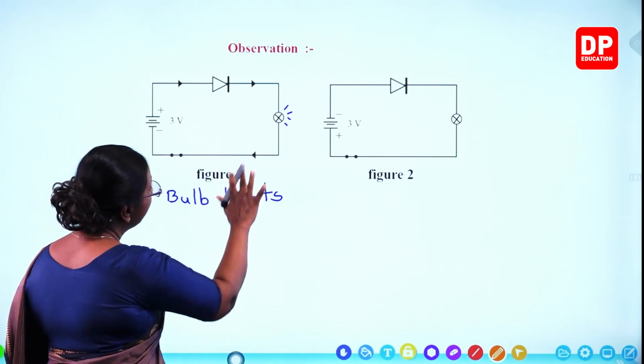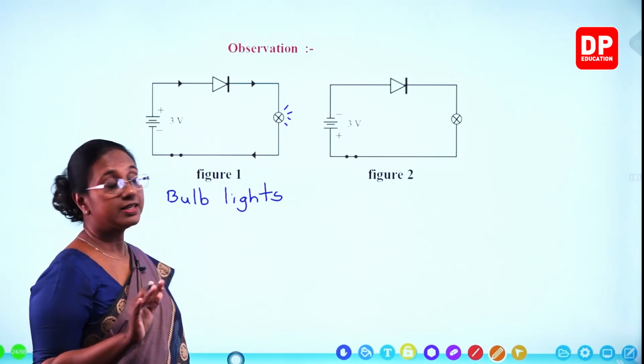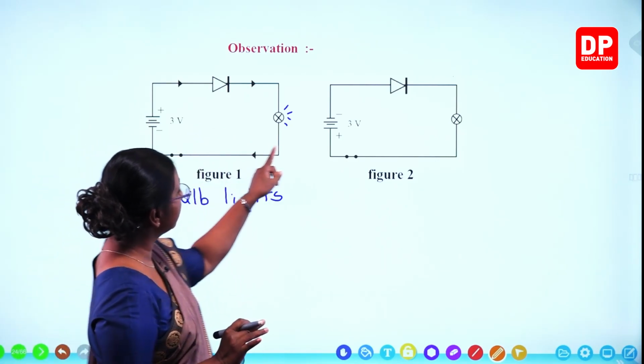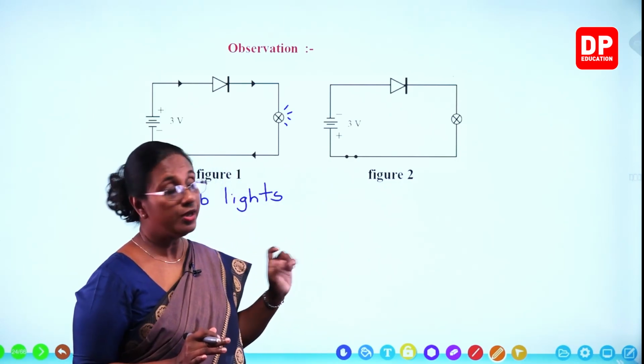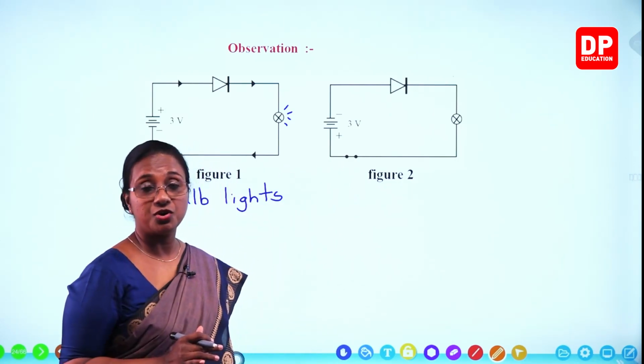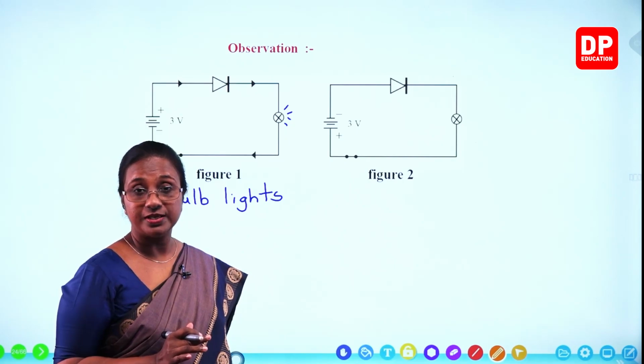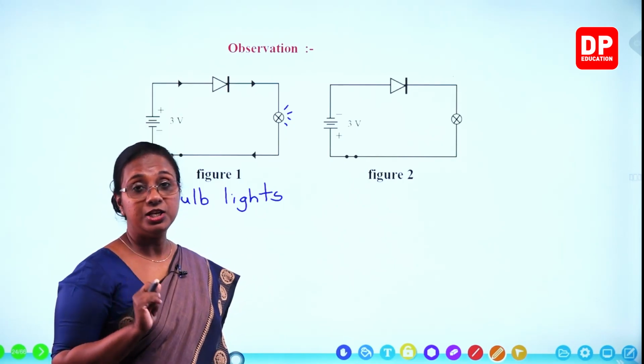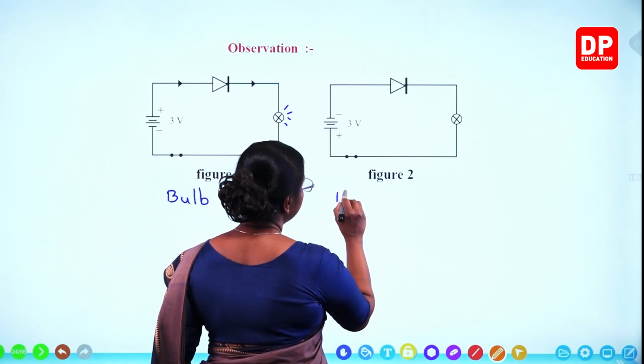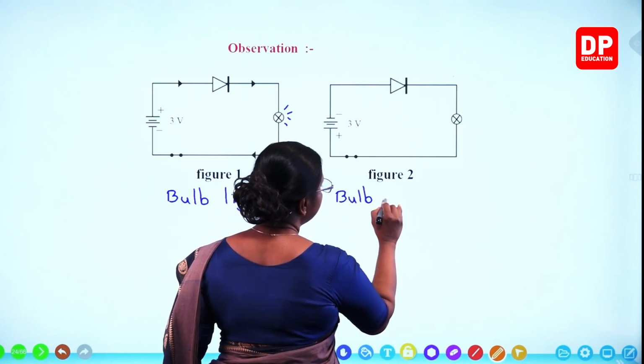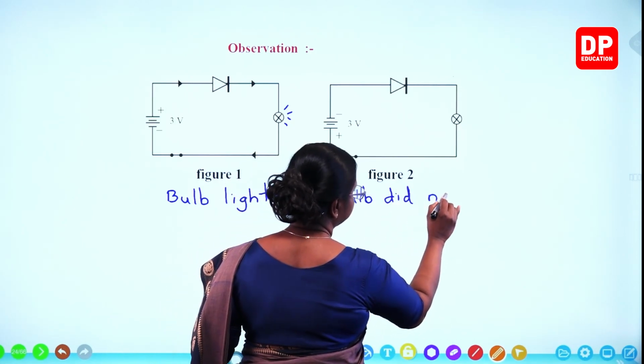But when we switched off that circuit and changed the terminals as shown in figure 2, and then closed the switch again, the bulb did not light.